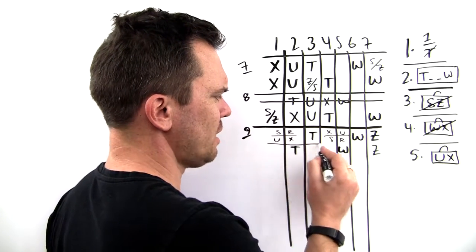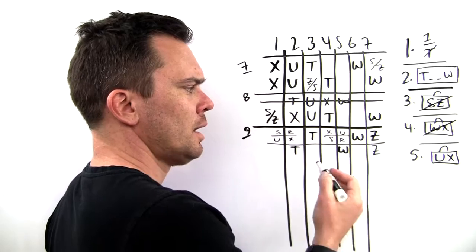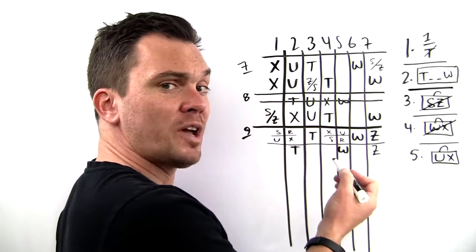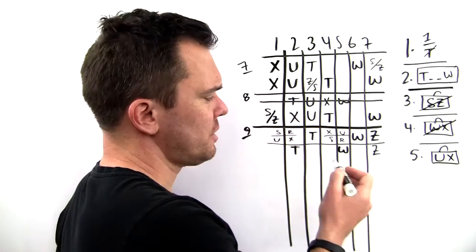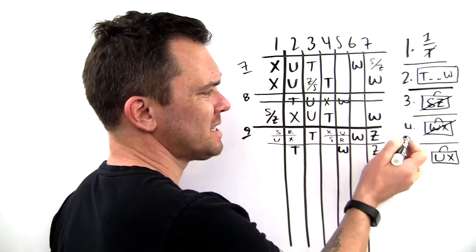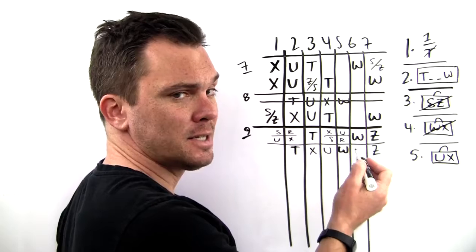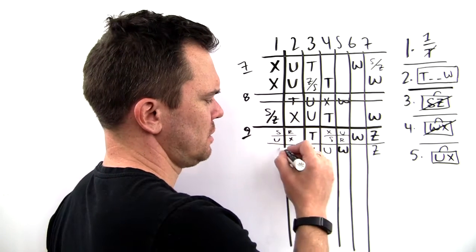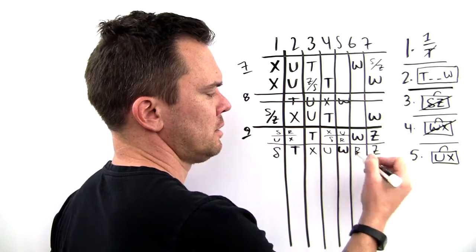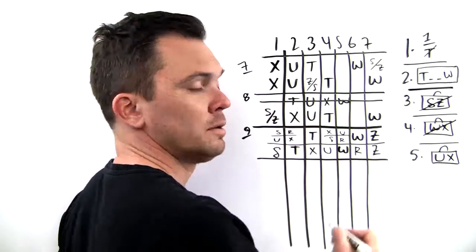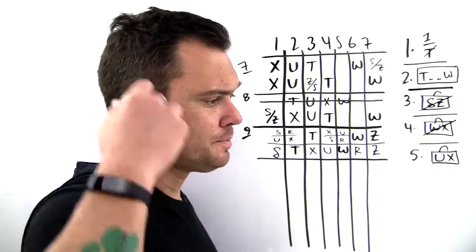In this second option, well, we've got to have U and X together, and they have to be here, and X is not next to W, and then S is not next to Z.